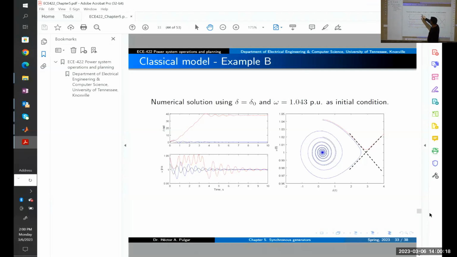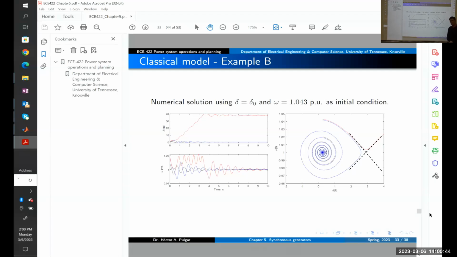Look what happened with the angle. It goes from the equilibrium point delta zero that we obtained to around 40 radians, which is pretty high. And this is what happened to the frequency. Do you think that after a while the system got stabilized or not? What do you think, based on the plot that we have?